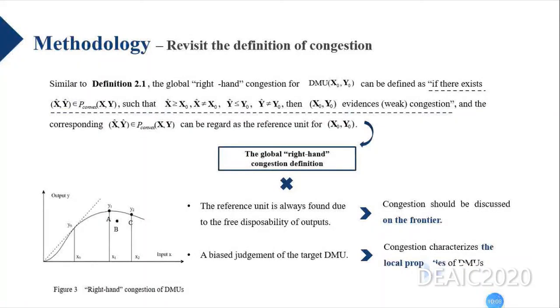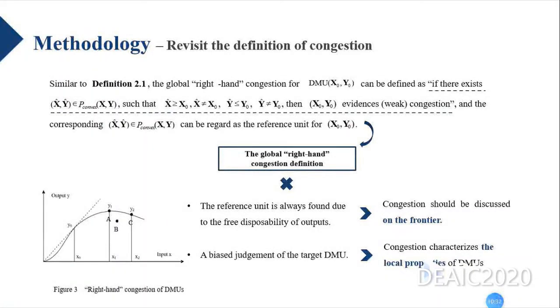One of the problems is that the reference unit is always formed due to the free disposability of outputs. Taking the DMU-A as an example, it is clear to find the DMU-B satisfy the conditions of the global right-hand congestion definitions.